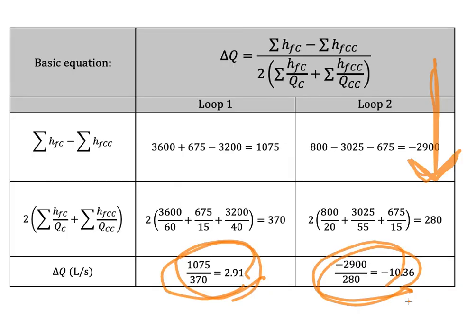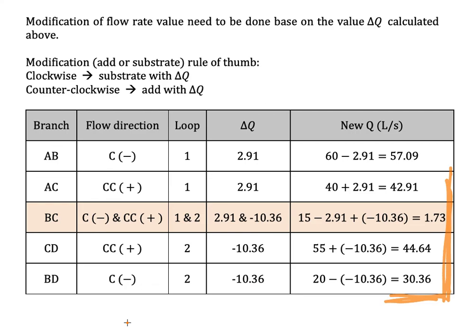If the value of delta Q here is still bigger than 1 liter per second, you need to start your third trial. So this is actually the way the Hardy Cross method is conducted on paper.